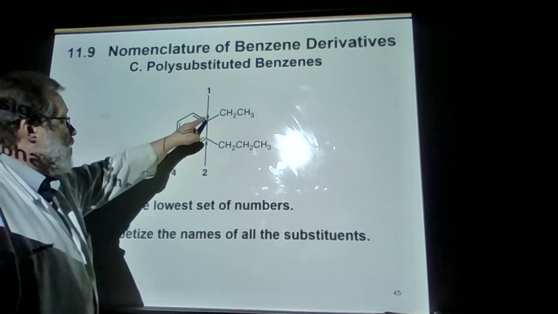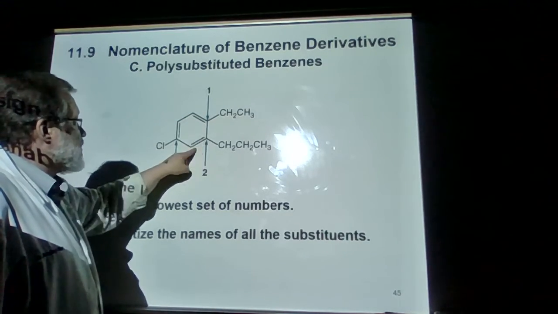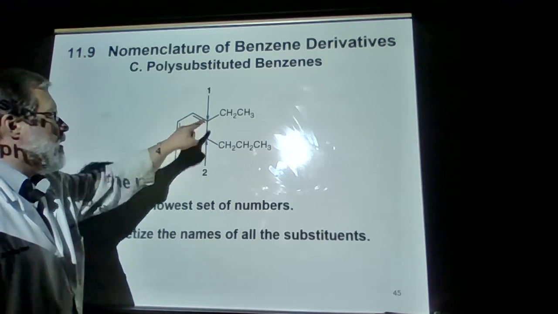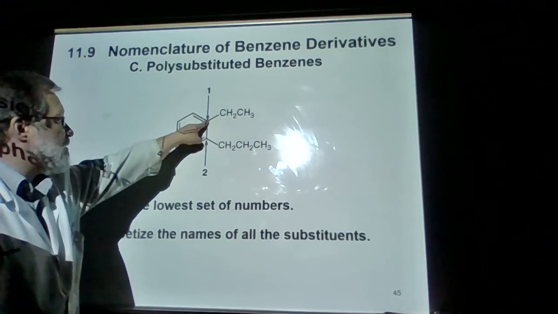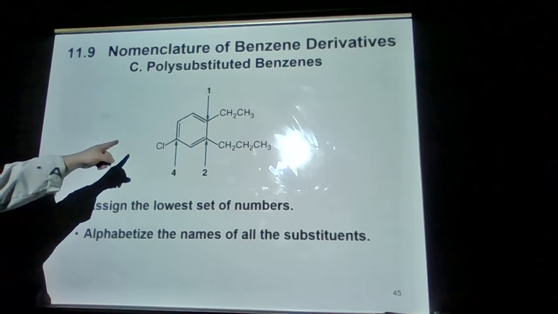If we start with 1 here, 1, 2, 3, 4, 5, 6. But if we start with 1 here and we count 1, 2, 4 clockwise, with this being at 1, that gives us the lowest numbering sequence around the ring possible.